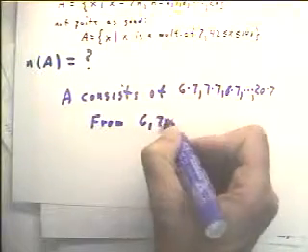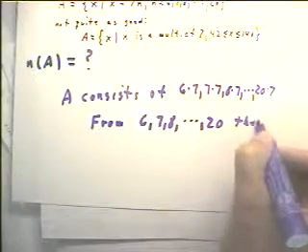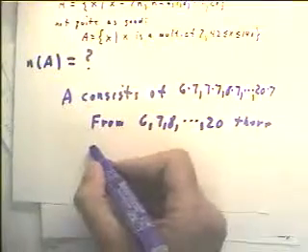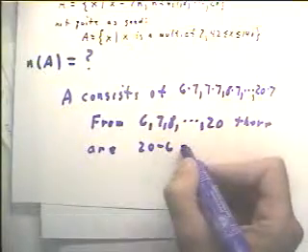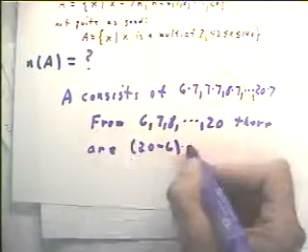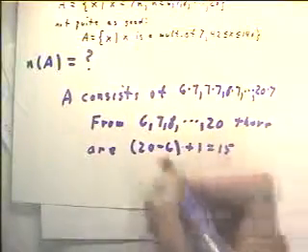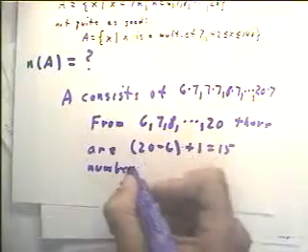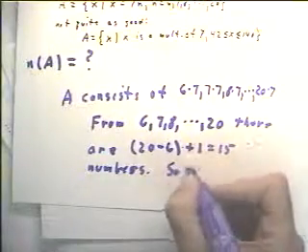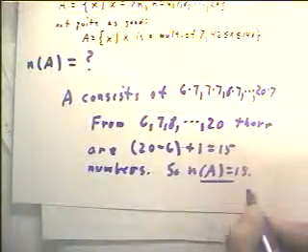From 6, 7, 8, up through 20, there are 20 minus 6 plus 1 for the starting number, which is 15 numbers. So the number of elements in A must be 15.